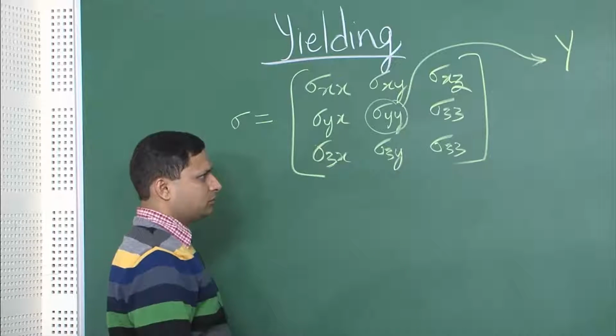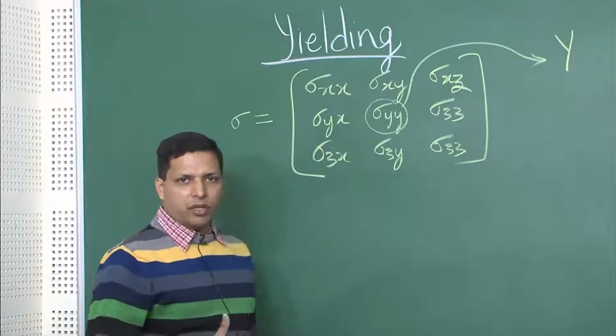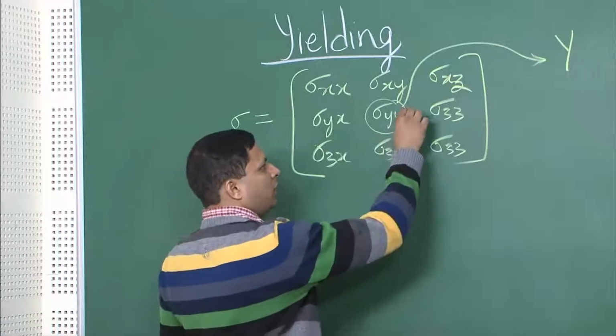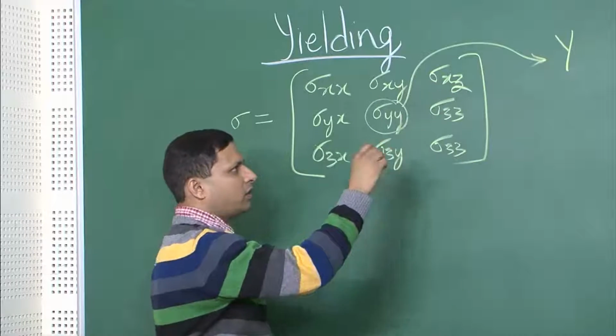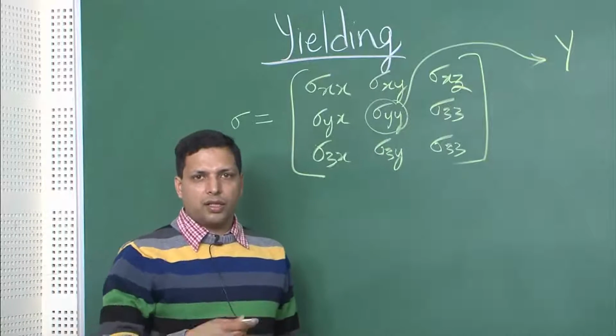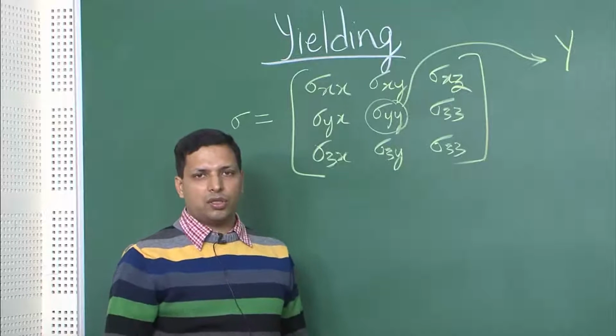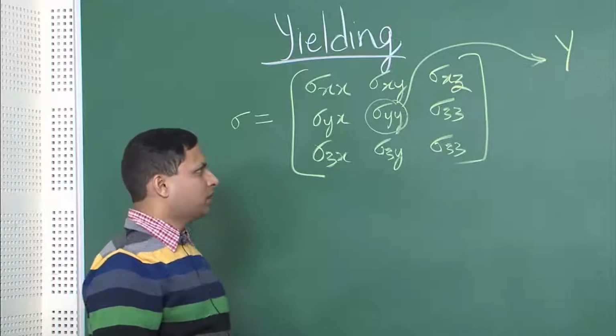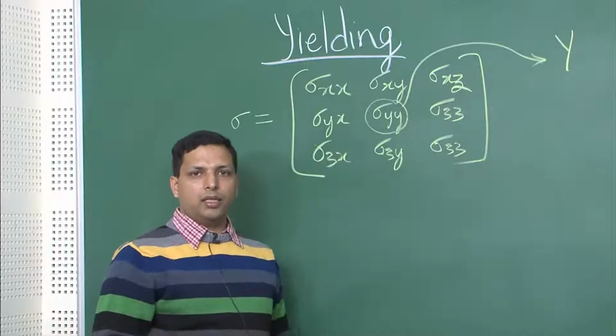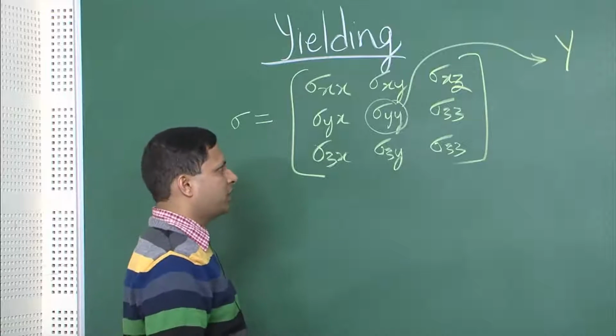Either you can think of a very simplistic model where you would say each of these values should reach a certain point, and then we will be in a position to say that yielding has begun, but that is not corroborated by our experimental results.